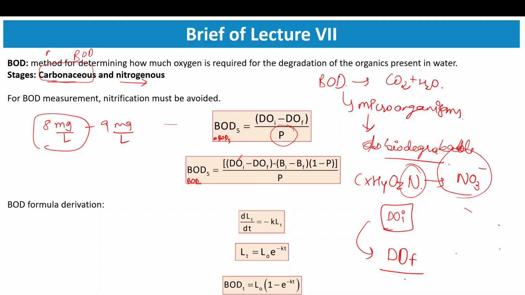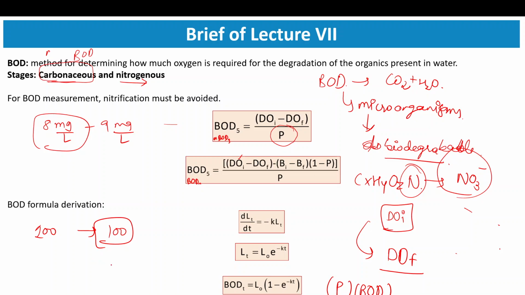Now the water sample which we had used was diluted P times, right? So for P times diluted BOD, for example, let's say the concentration of organics or the BOD was actually 100, right? But we have diluted it 100 times.